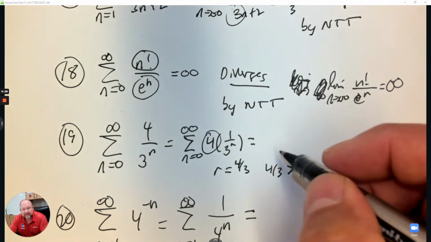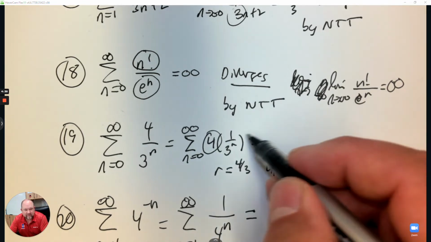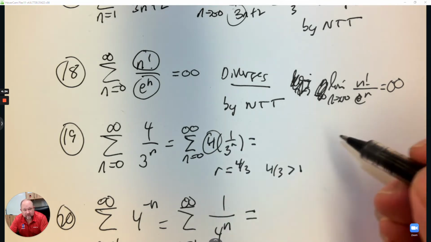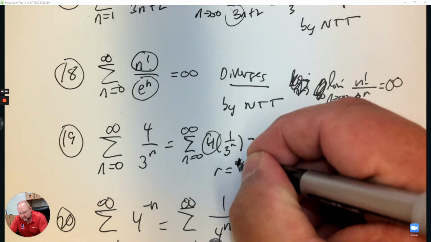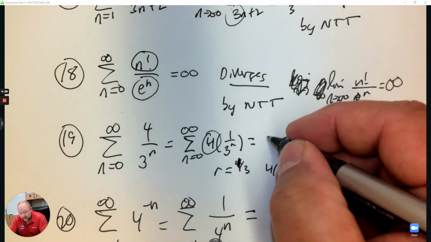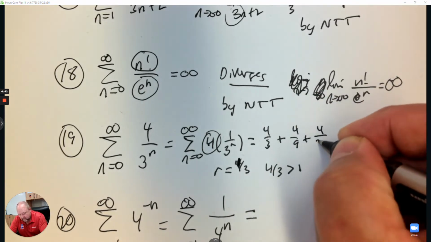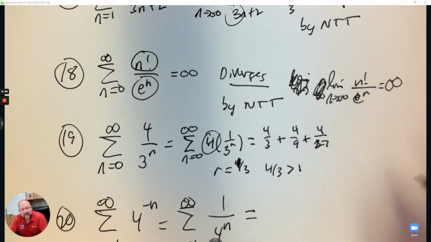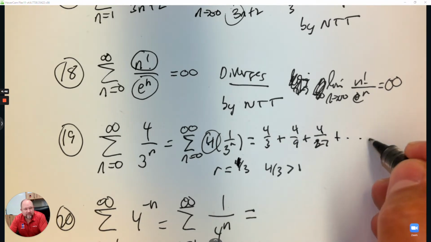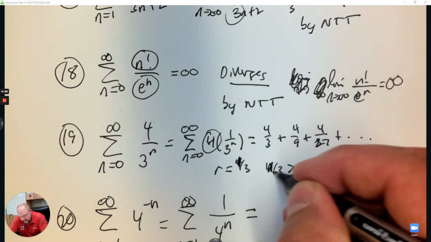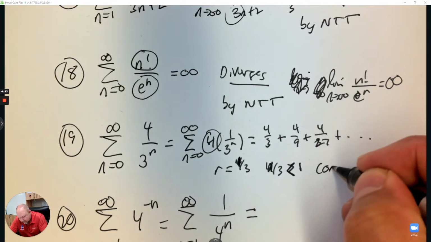So you have a 4 in front. 4 is going to stay the same. It's the denominator. So you're not multiplying by 4, you're multiplying by 1/3. So let me readjust. If you look at it, it's 4/3. The next one's 4/9. The next one's 4/27. You're multiplying by 1/3 every time. And 1/3 is smaller than 1, so therefore it converges.